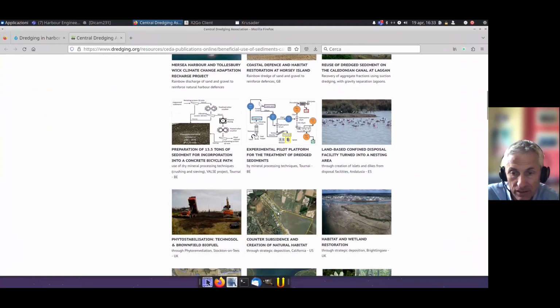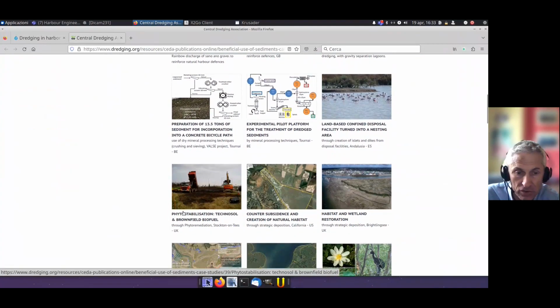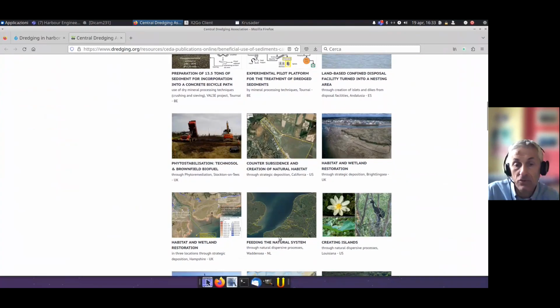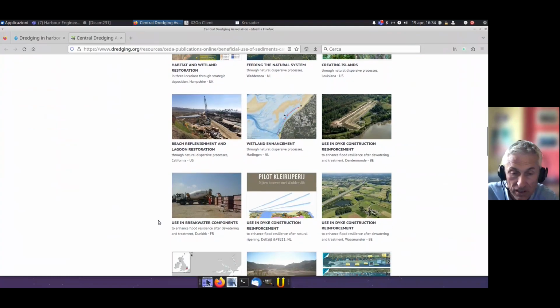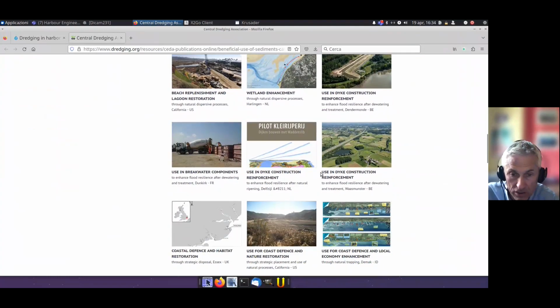So there are several case studies of phytostabilization, technosol and brownfield biofuel. So several case studies feeding the natural system, where they are trying through this association to make systematic the reuse of dredged material. There are also, you see here, using dike construction reinforcement.